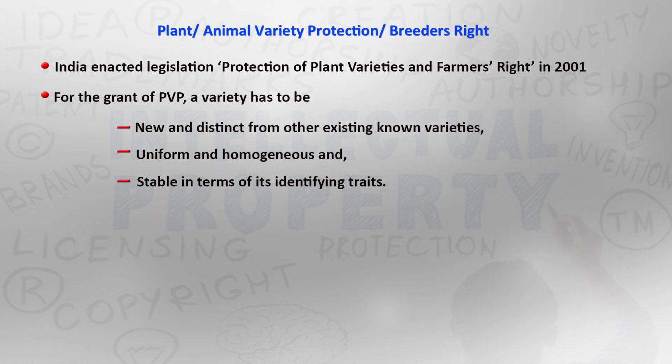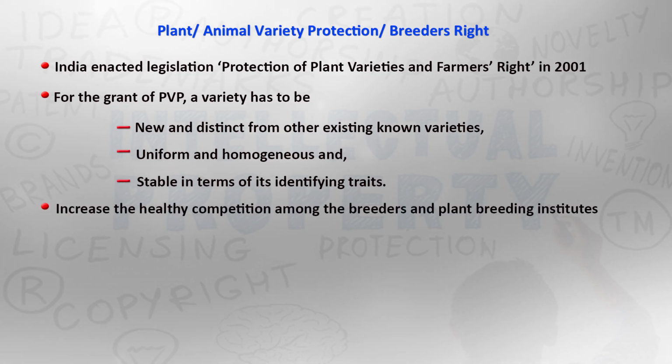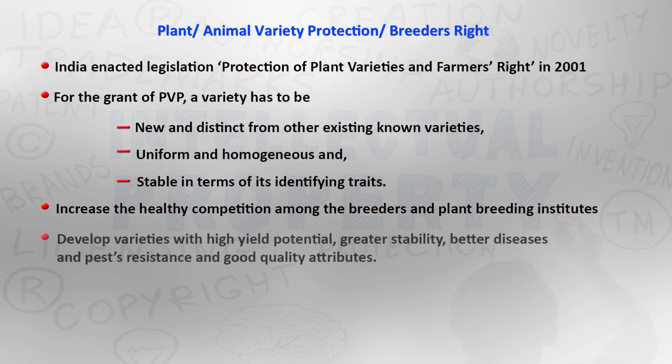It helps in increasing healthy competition among breeders and plant breeding institutions to develop more and more new plant varieties which have distinct characteristics, and that is very important: the development of varieties with high yield potential, greater stability, better disease and pest resistance, and good quality attributes. So all these characters are being incorporated in developing new plant varieties.